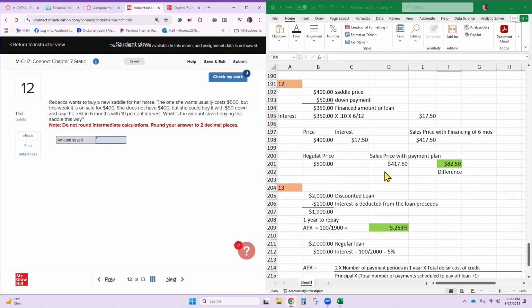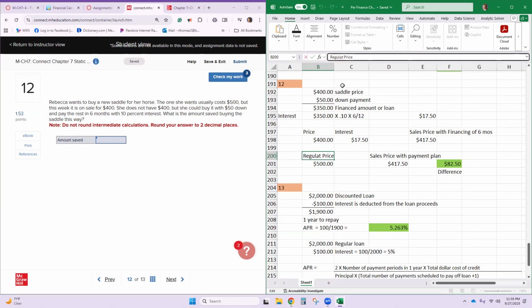What is the amount saved buying the saddle this way? So now let's go through this.